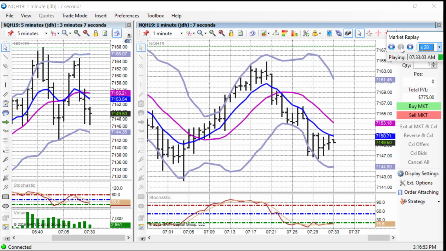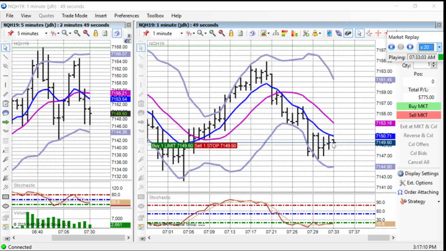Okay, that looks promising right there. See how this bar barely touches that 80 MA, but it is above the high here.